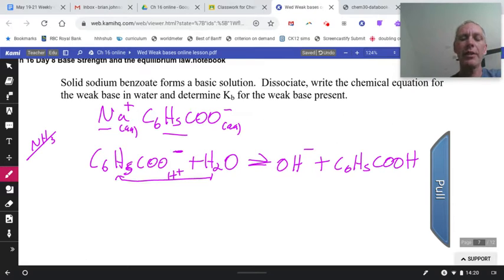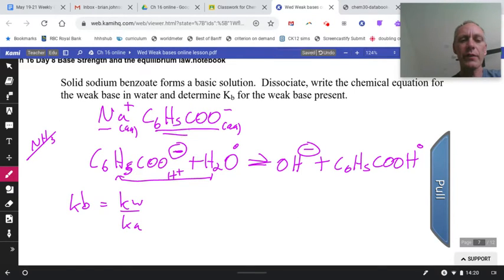Charges are balanced: negative 1 on the reactants, negative 1 on the products. Water is neutral and that one's neutral. So there's our Bronsted-Lowry equation. The question says dissociate it, write the chemical equation for the weak base in water, and determine the Kb. So Kb of this weak base is equal to Kw over Ka of its acid.